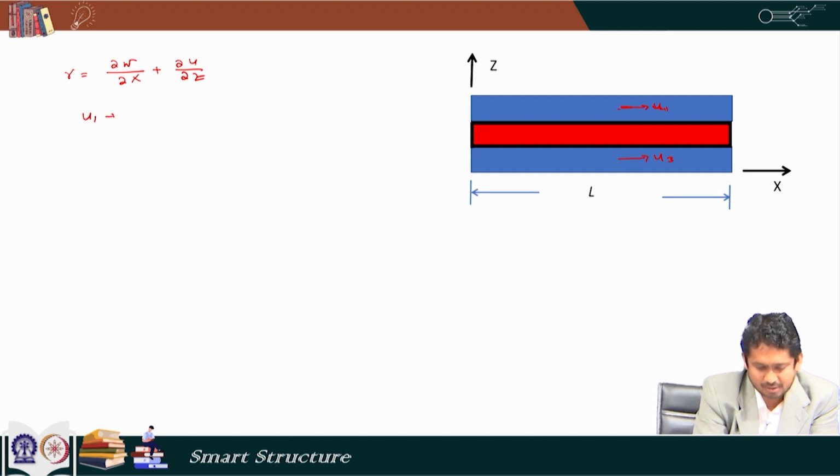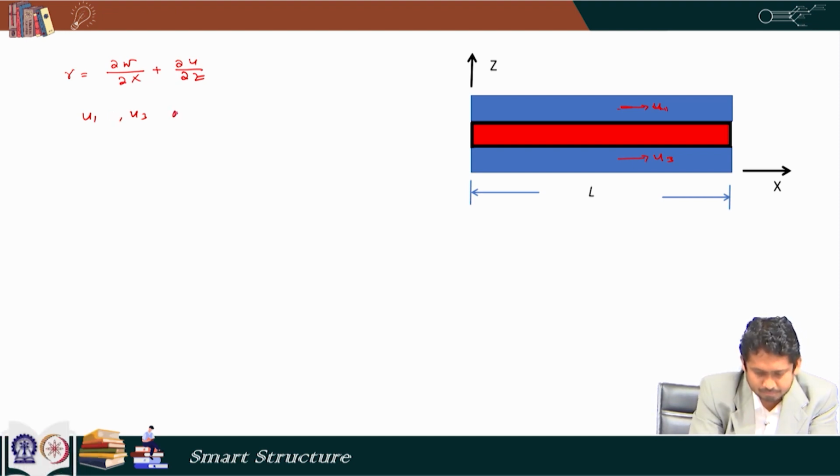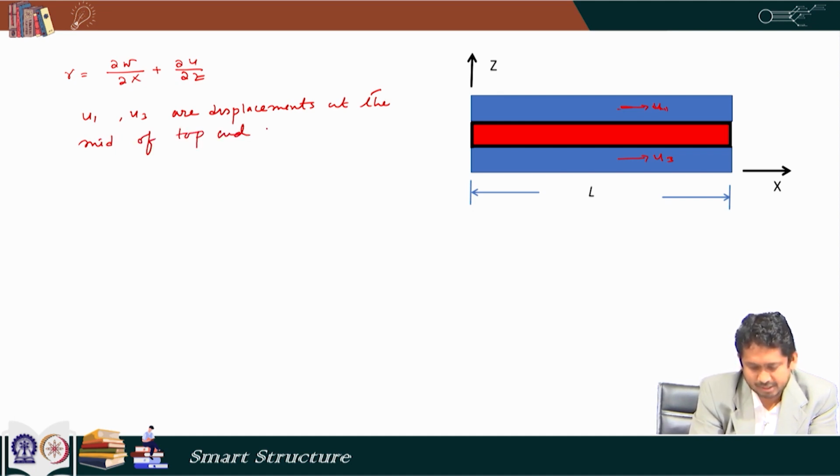So, U1 and U3 are displacements at the middle of the top and bottom layers.